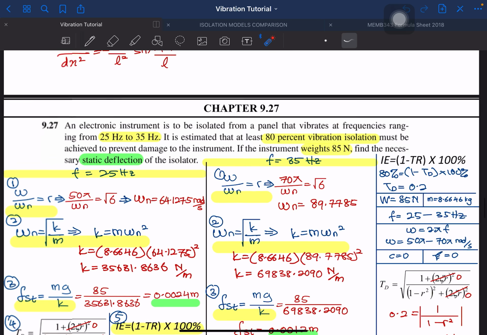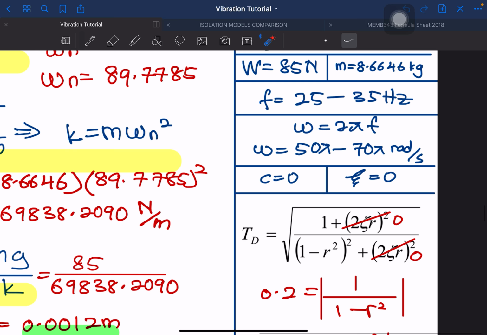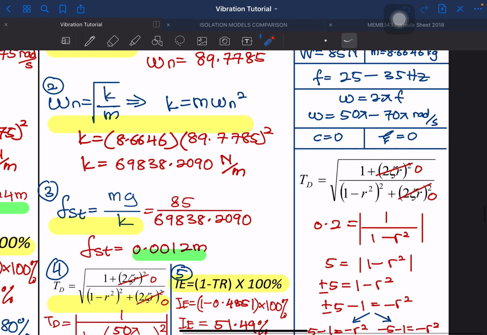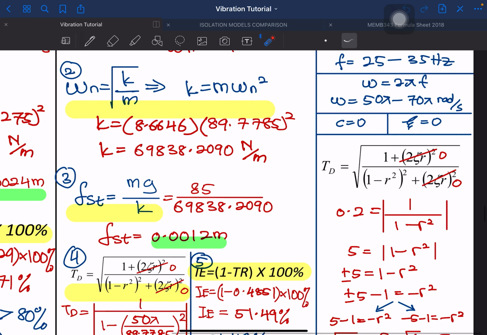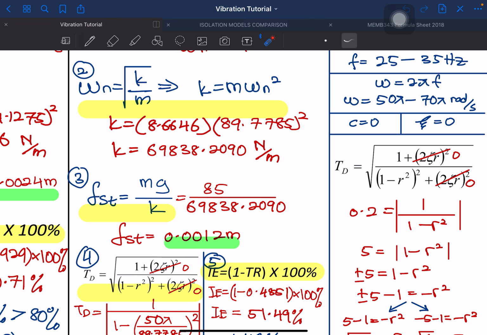They didn't mention anything about damping or a damper in this question, so we can assume that C is 0, and automatically zeta, the damping ratio, is also 0. Using the formula of TD here, if zeta is 0, you can cancel that out. In the end, you'll be left with 1 over 1 minus r square.